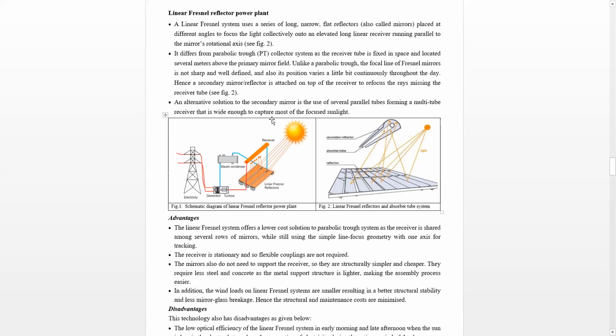So now the next bullet point is that it differs from the parabolic trough collector system as the receiver tube is fixed in space. So here in this case the receiver tube is fixed, whereas in the case of the parabolic trough collector you must remember that the entire parabolic trough system along with the receiver tube tracks the sun.